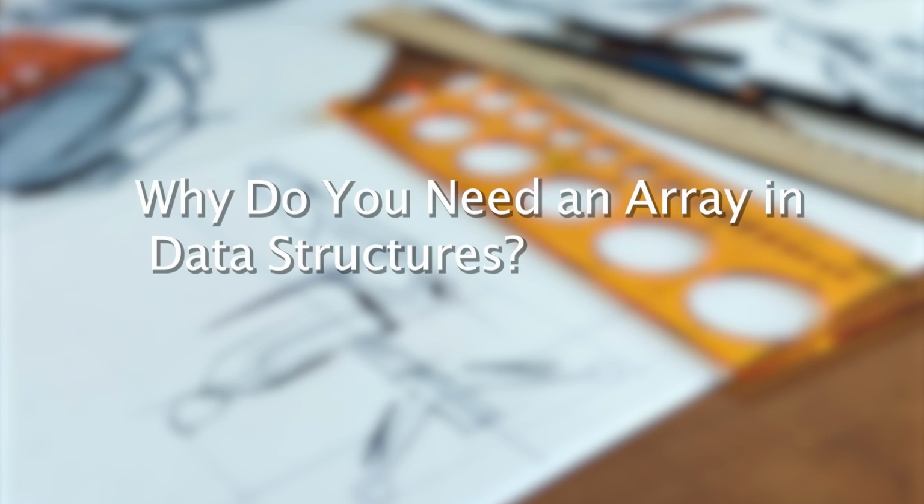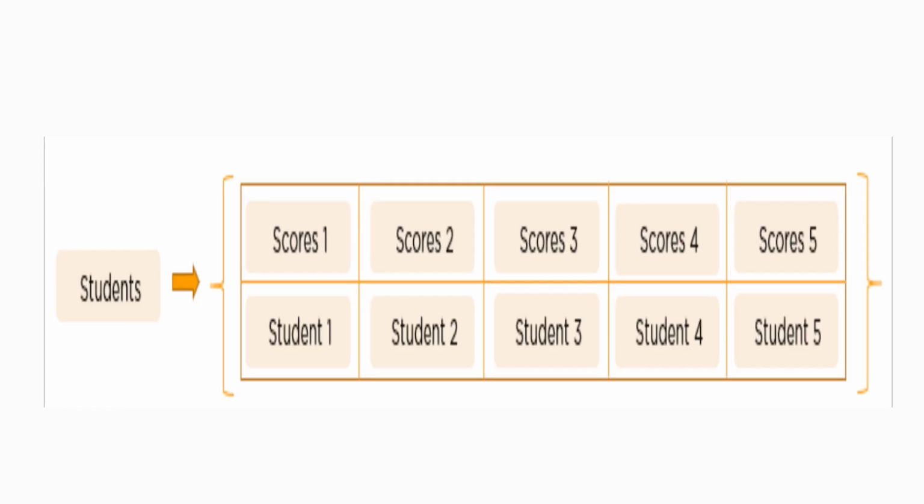Now, why do we need an array in a data structure? Suppose we want to store and display the marks of students in memory. At that time we use an array. Suppose we are working with a small number of students, like 5, 6, or 7 students.